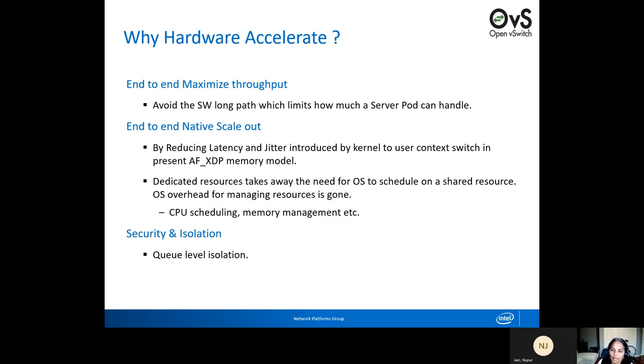And because of this latency and jitter there is a lot of underutilization of the CPU resources. And lots of CPU and memory on a server node is used in solving the scheduling and memory management issues. Plus, without hardware acceleration or offload, we don't get to container level isolation.